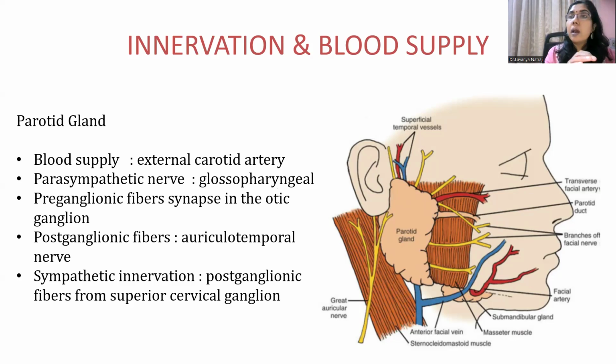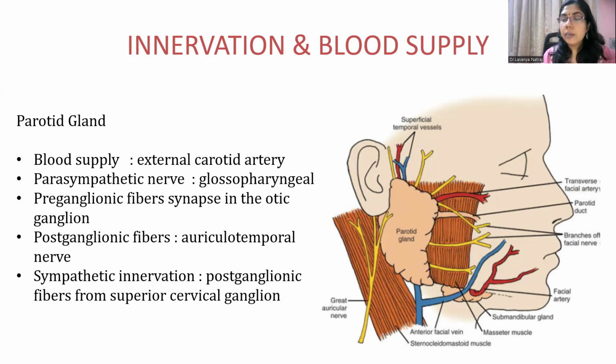So this is for the parasympathetic innervation of the parotid gland. For sympathetic innervation, all three glands have a common sympathetic innervation, that is the postganglionic fibers from the superior cervical ganglion. The postganglionic fibers from the superior cervical ganglion not only innervate the parotid gland, they innervate the submandibular as well as the sublingual gland.